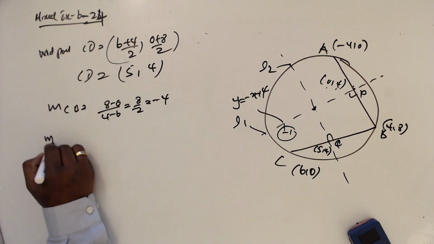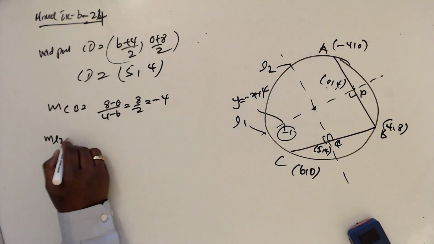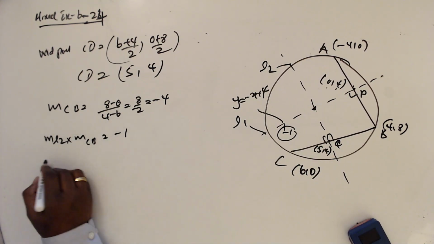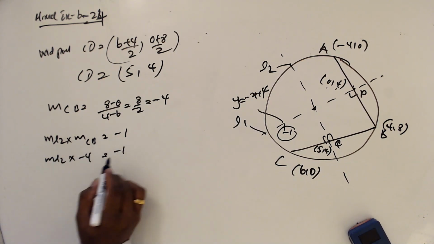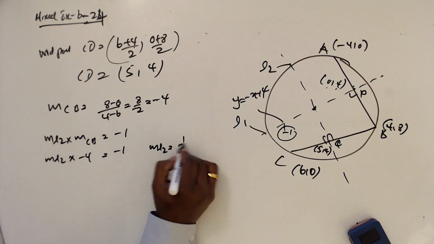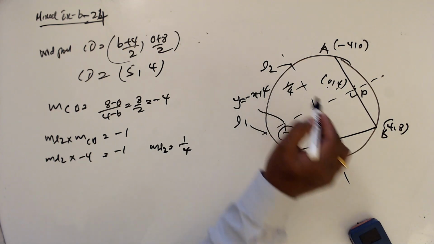Now M L2, so I want to find the perpendicular gradient. M L2 times M CB equals minus 1. So M L2 times minus 4 equals minus 1, so M L2 equals 1 over 4. Now this gradient is 1 over 4.